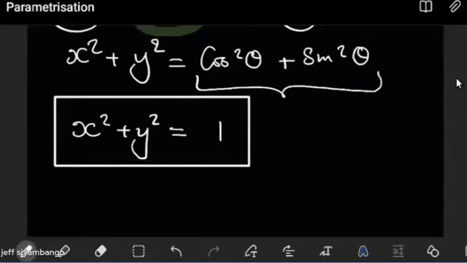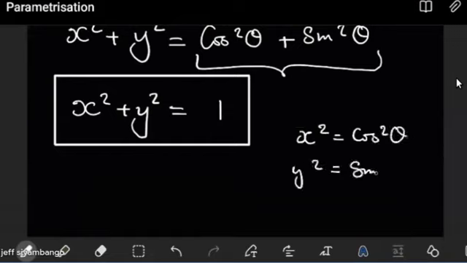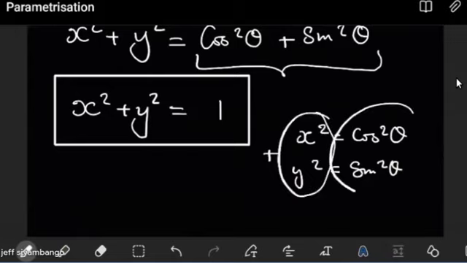Now, the only part that maybe could have been confusing is where we had x squared equals cos squared theta and y squared equals sine squared theta. All I was doing here was solving two simultaneous equations. Basically, I just added them. To add them, you add the left sides and you add the right sides together.